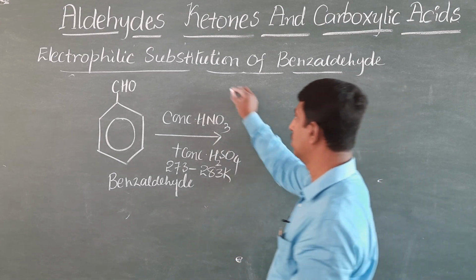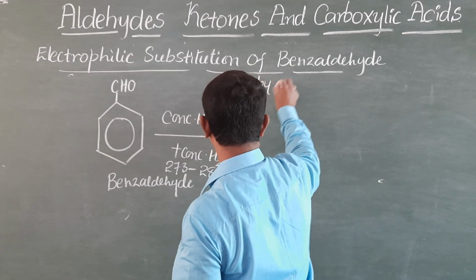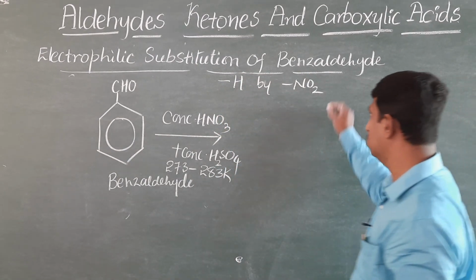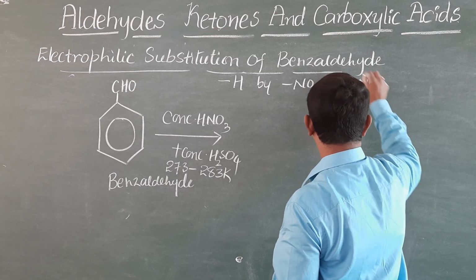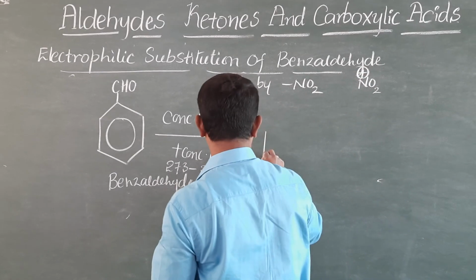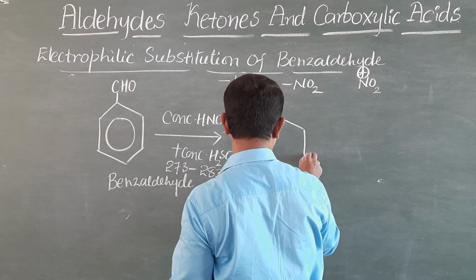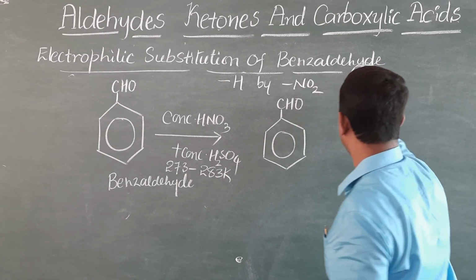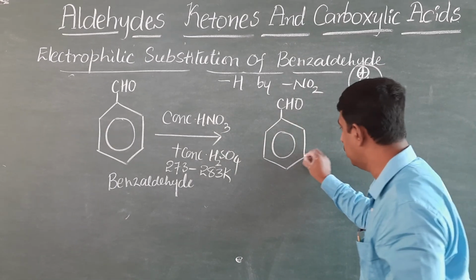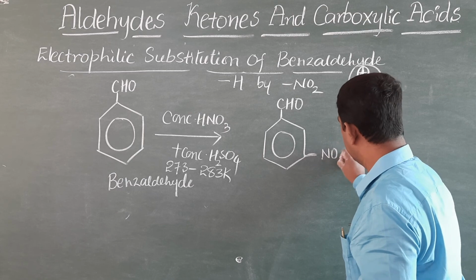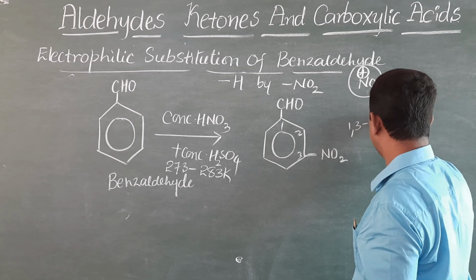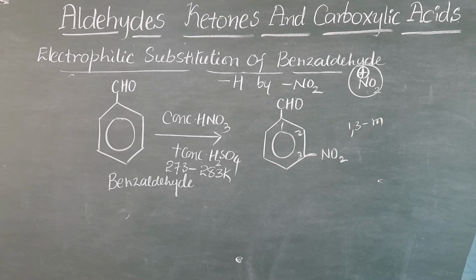What is nitration? Replacing hydrogen by a nitro group. Here NO2 plus is the electrophile in nitration. So this electrophile prefers to attack the meta position of benzaldehyde. This is meta. Positions 1, 3 are named meta, whereas 1, 2 is ortho and 1, 4 is para.